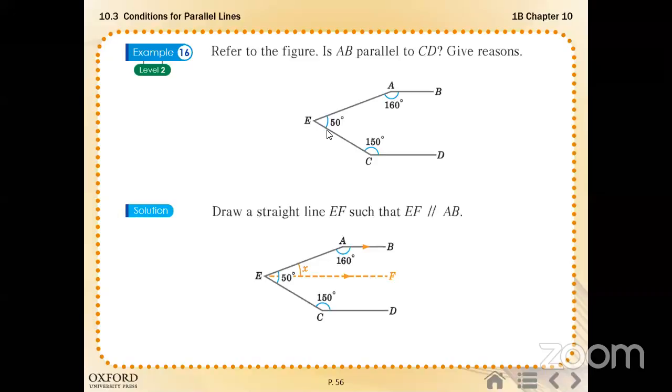the problem. Now we refer to the figure. Is AB parallel to CD? Give reason. Now the problem is that we need to add one more line, because this part actually consists of two straight lines. It is not a straight line like that.